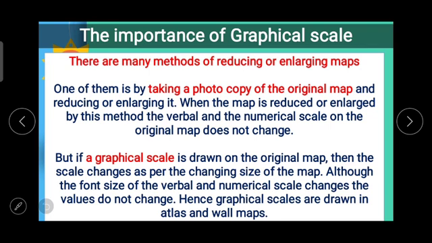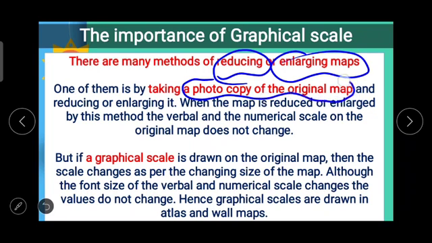There are many methods of reducing or enlarging maps. The distance between any two places does not increase or decrease, it remains as it is, so not many changes are needed. But if it is necessary to change, then there are many methods of reducing or enlarging maps, and one of them is by taking a photocopy of the original map and reducing or enlarging it.